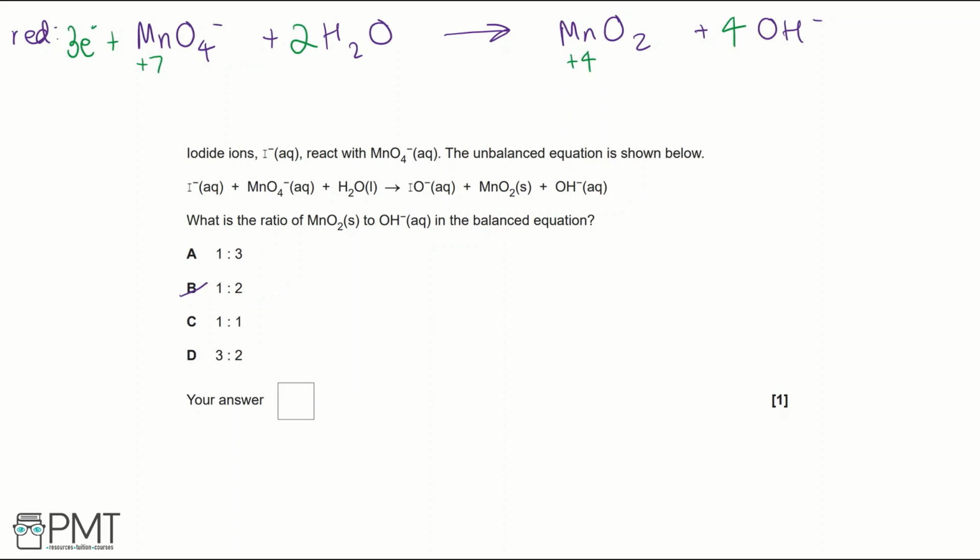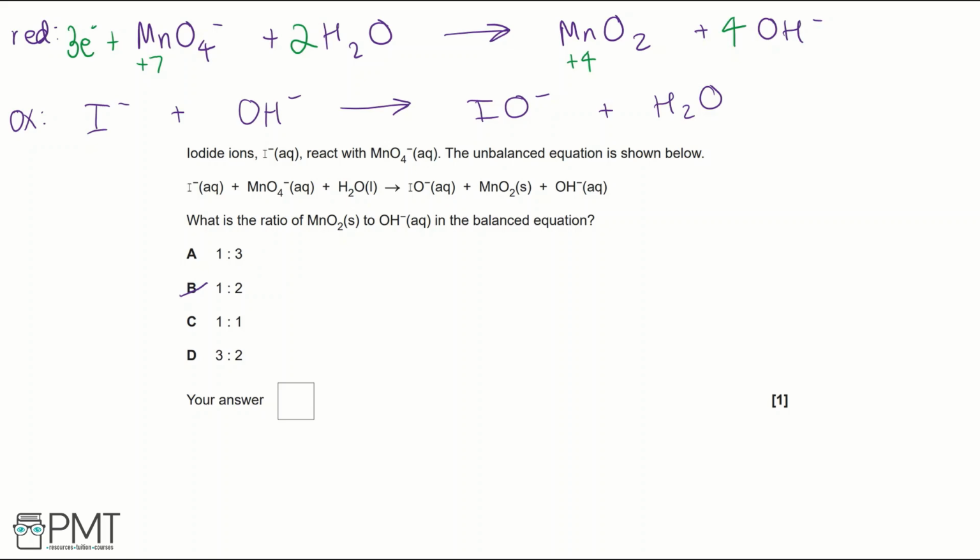Next, we can look at our oxidation half equation, and that's going to be I minus plus OH minus, and that's going to produce IO minus plus H2O. So the reason we're using OH minus is because iodide is forming iodate in basic conditions.